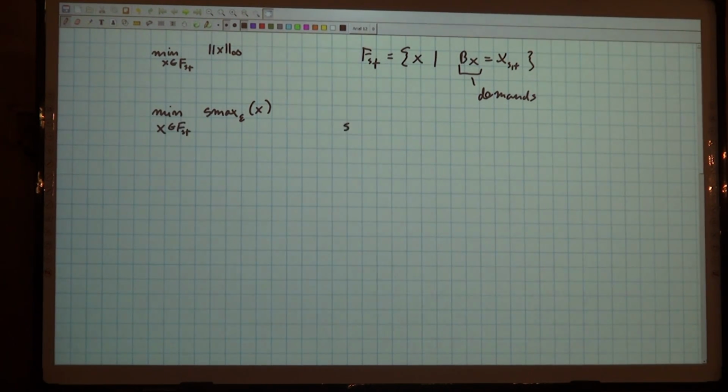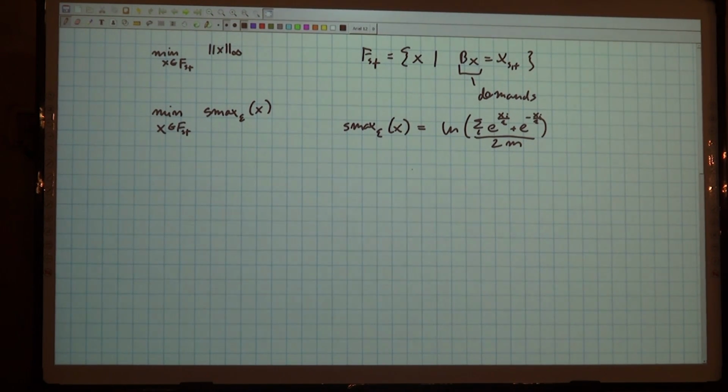Softmax epsilon of x was defined as epsilon times the log of the sum over all coordinates of e to the x_i over epsilon plus e to the minus x_i over epsilon, over 2m, where m is the number of coordinates.